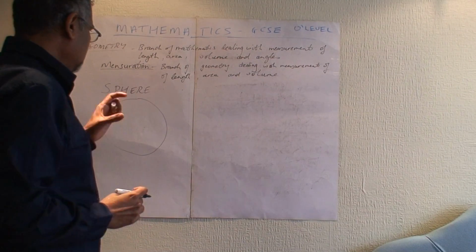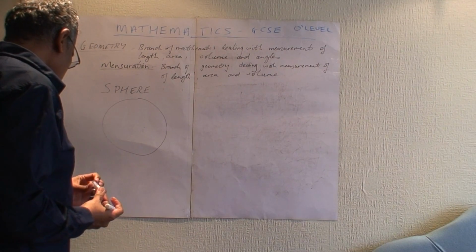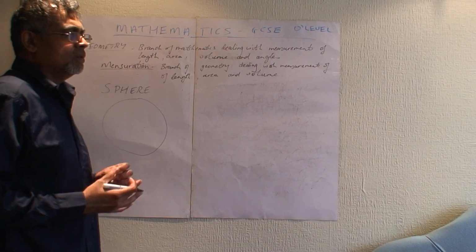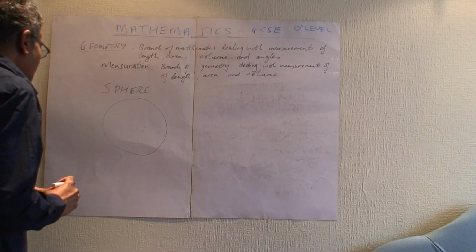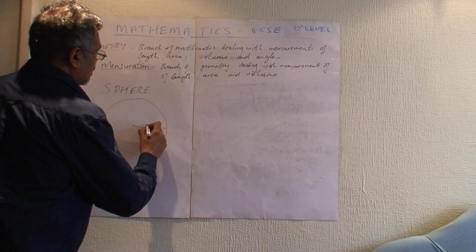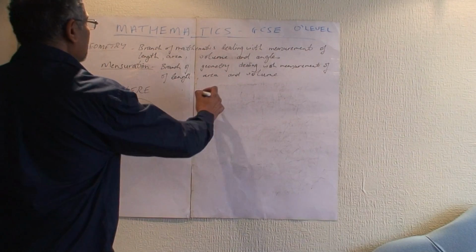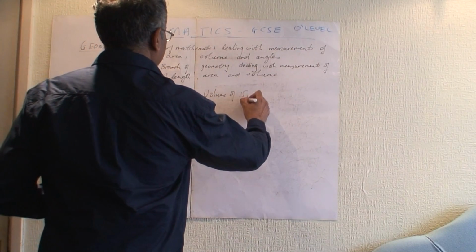But it's like a ball, and say we want to find out the volume of the sphere, or the volume of a ball. And we know what the radius is inside of this ball, but we want to find the volume of the sphere.